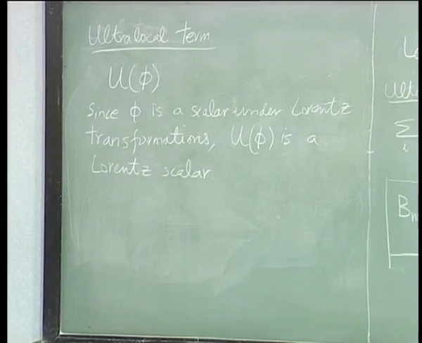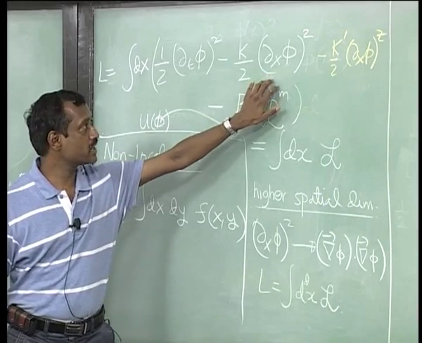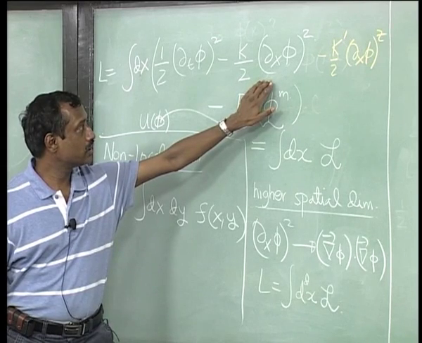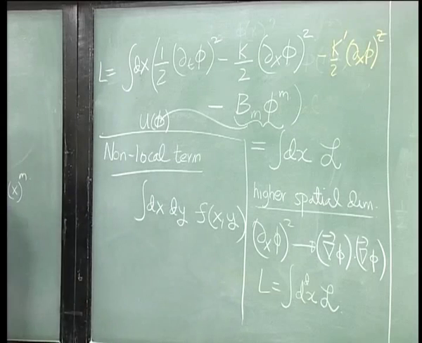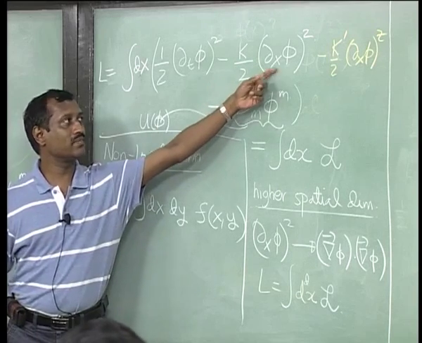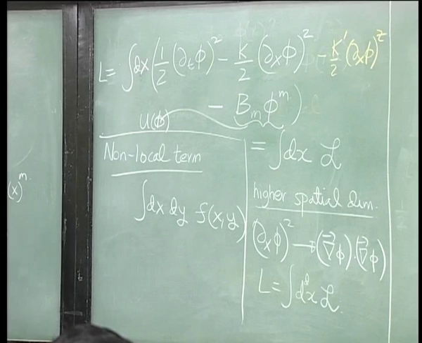Now, you may think that I can just write out a local term, look at only the local term and try to make things work, but we know that under Lorentz boost space and time mix. So, clearly terms like this can become terms like this. So, we can ask how things change. Let us go back and look at how.